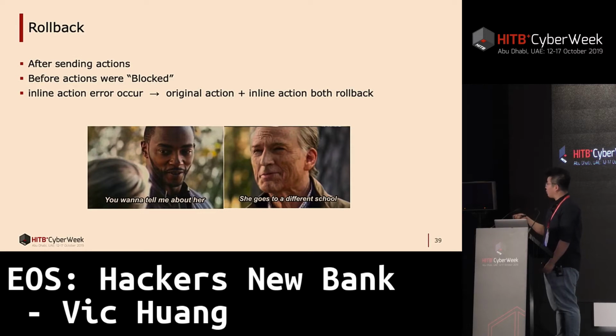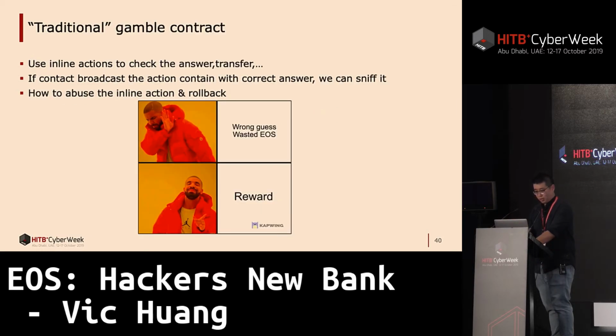If the block producer checks the transaction and it contains some illegal code or blacklisted content, the whole transaction will be rejected. So how can we abuse this mechanism?